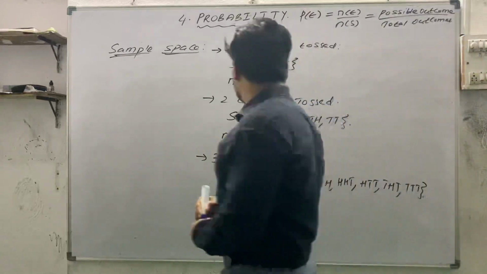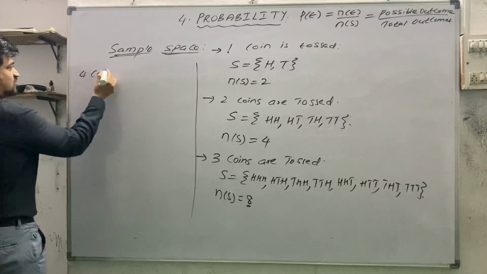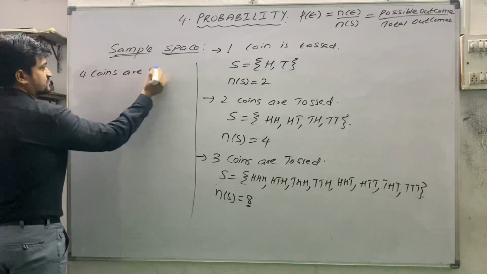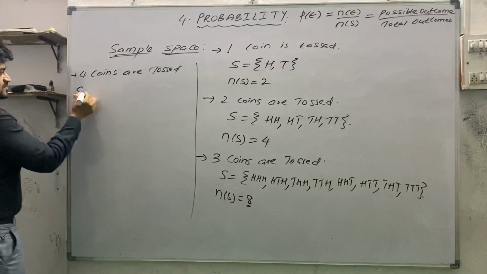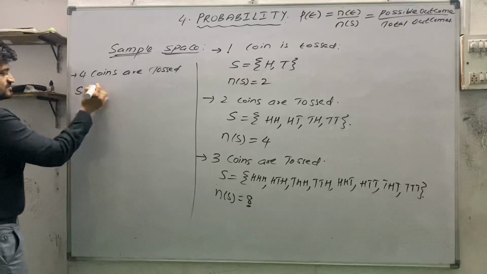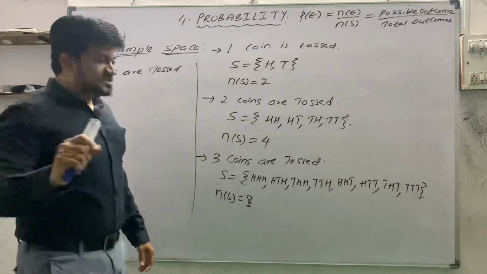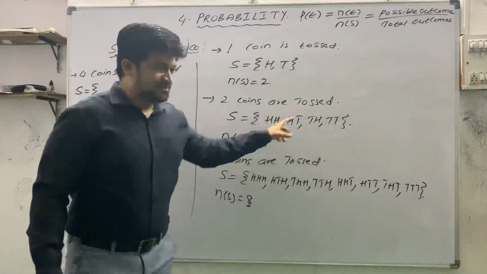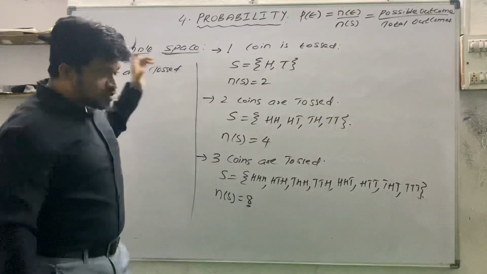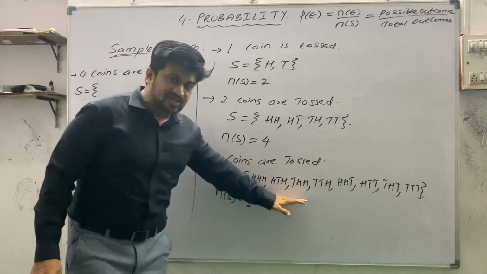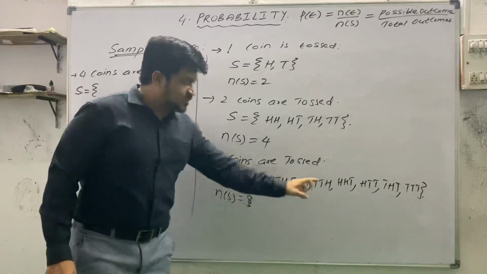When 4 coins are tossed, the sample space will be... For 3 coins, how did we get the sample space? By adding H and by adding T to the 2 coin cases. To get 4 coin cases, just take the 3 coin cases. In the 3 coin cases, first apply head to all the values.